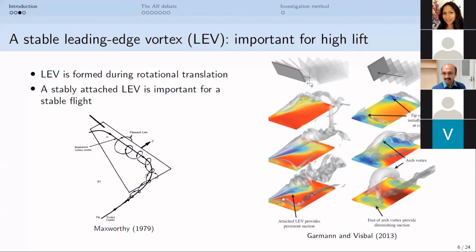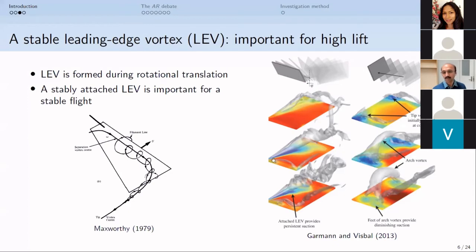For a linearly translating wing, we are all aware that there is Karman vortex shedding, a growth and shedding of vortices, but it's not so in rotating wings. In this case, the vortex is formed on the wing and then grows in size.